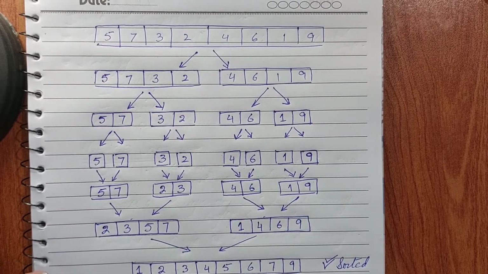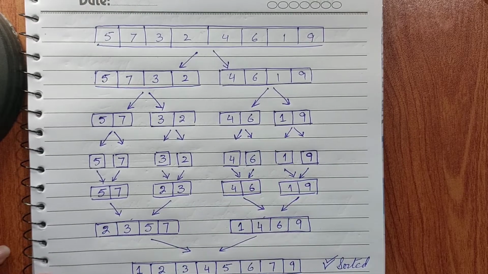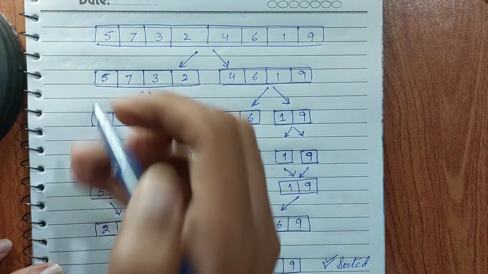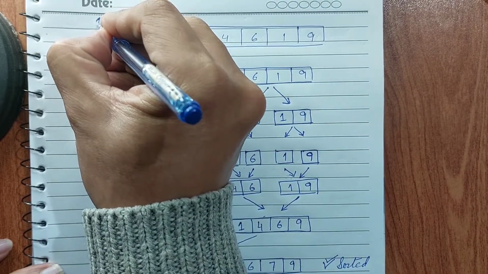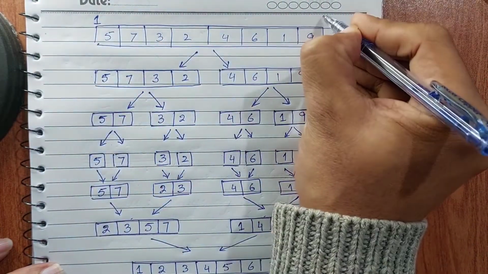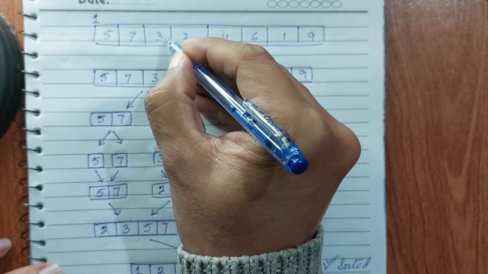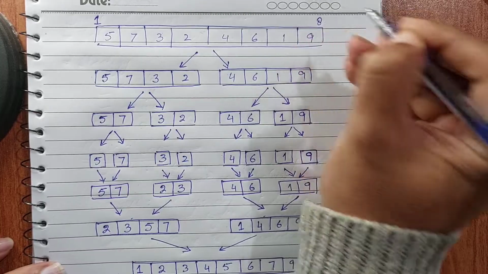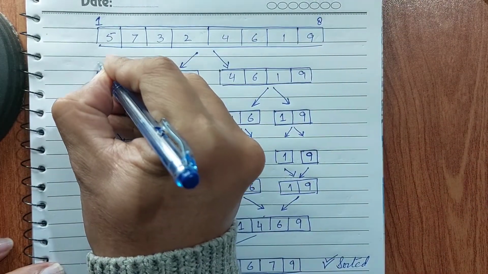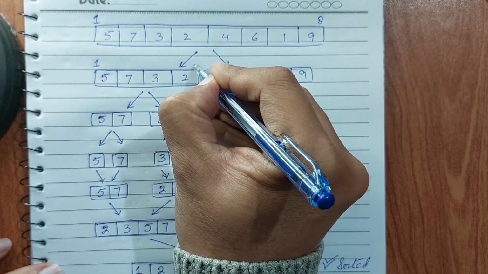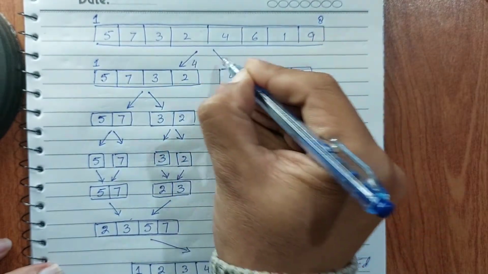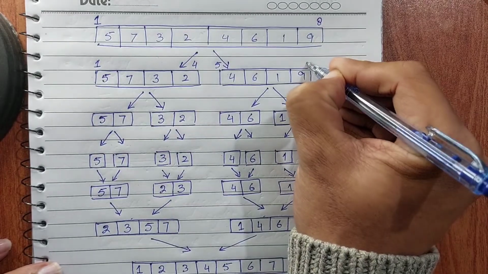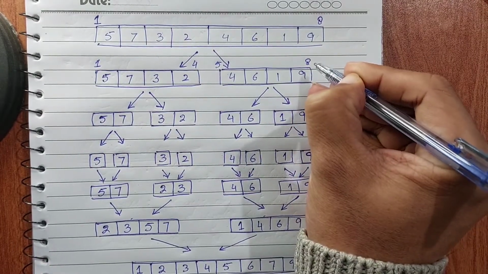In order to move towards the algorithm, I would like to add the indexes of all these arrays and sub-arrays. For the whole array, the start index is 1 and the ending index is 8. For the first half, the start index is 1 and the ending index is 4. For the second half, the starting index is 5 and the ending index is 8.